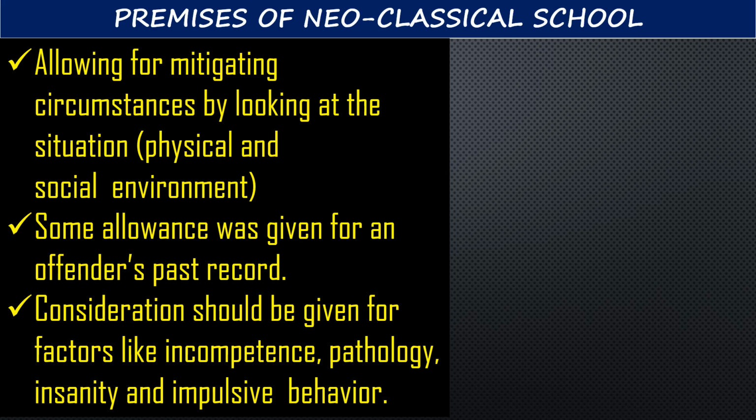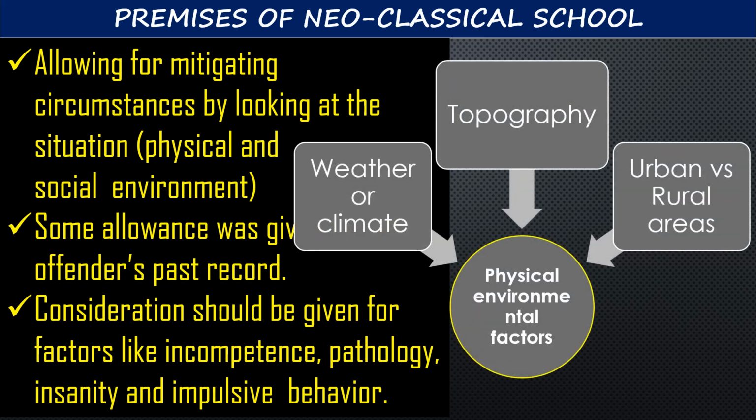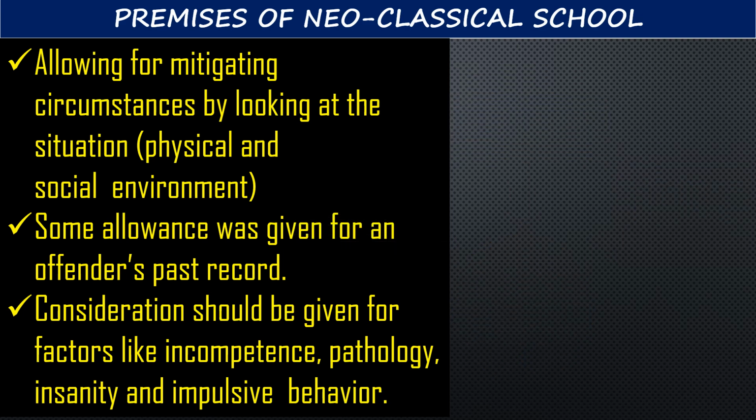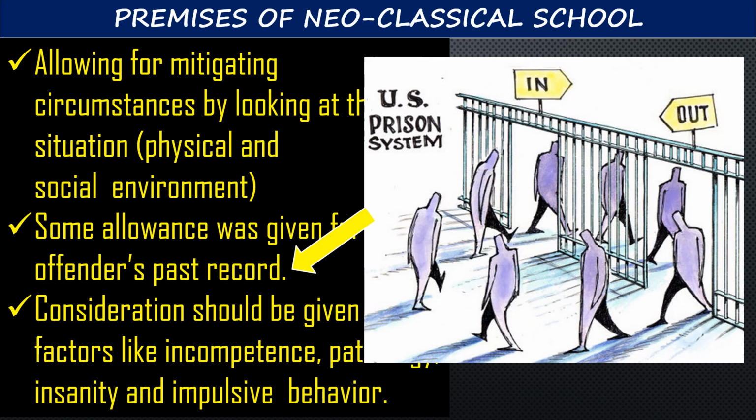Okay? So what are these things? So we have to consider the social environment that we have mentioned a while ago. We have also to consider the physical and environmental factors that somehow have affected the exercise of the free will. And what else? There should be a second look at the record of the person.